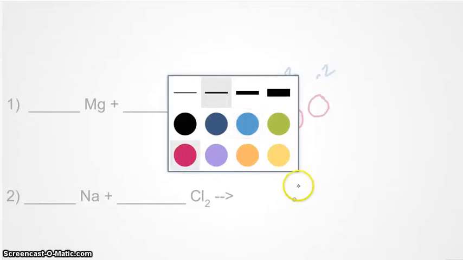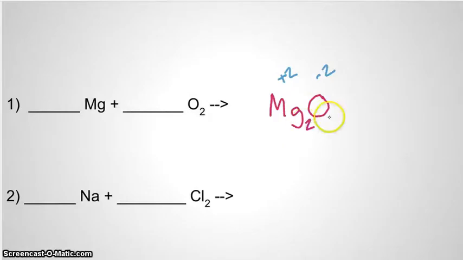But we know that when we have an ionic compound, we're always going to make this the simplest ratio possible. So a 2 to 2 is actually the same thing as a 1 to 1. Whenever we see these equal but opposite charges, we're just going to push our substances together and drop the subscripts. So the formula we're actually going to have here is MgO for magnesium oxide.